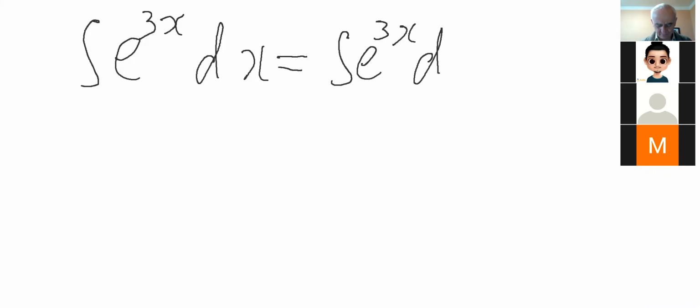D x cube. Okay, let's check, Luca. But now we have to divide it. Divide by what? By 3. And please take Luca's idea, which is to write down dx cube.